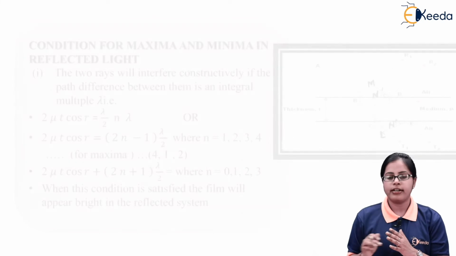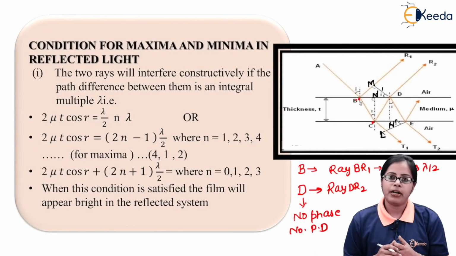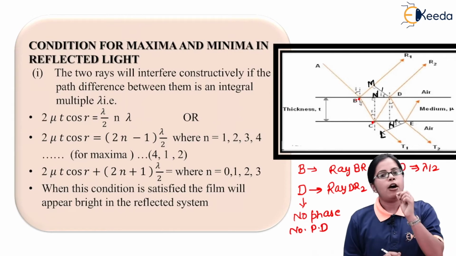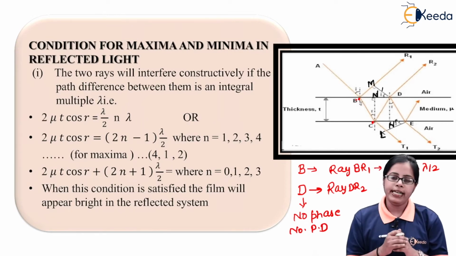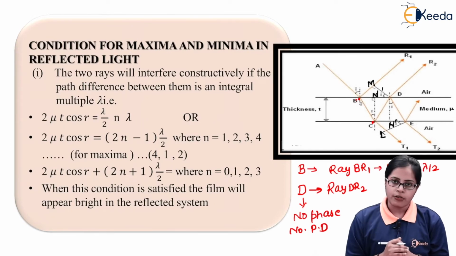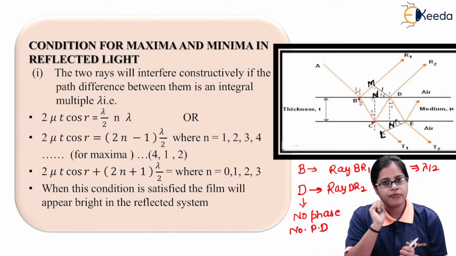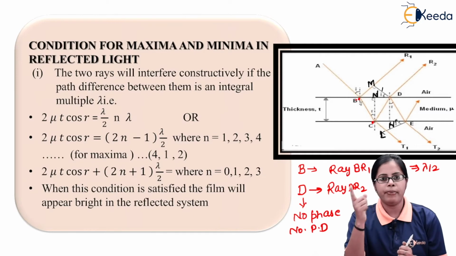Then we discussed how much is the path difference for point B for the ray BR1 and for point D for the ray DR2. Out of both the rays, we got only one path difference, that is lambda by 2 for ray BR1.